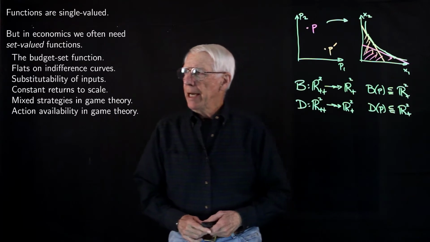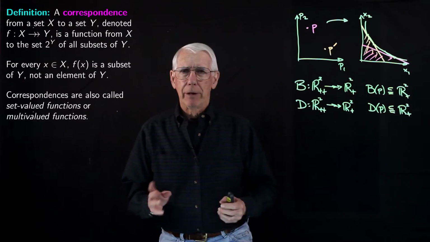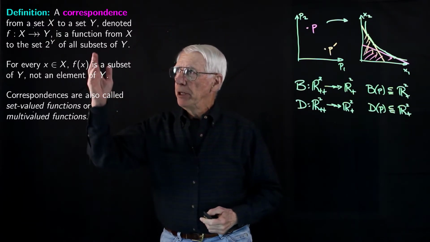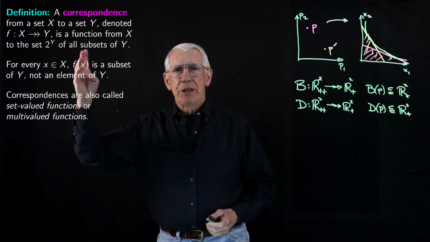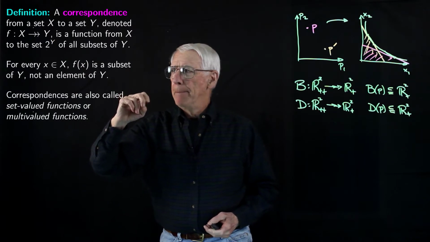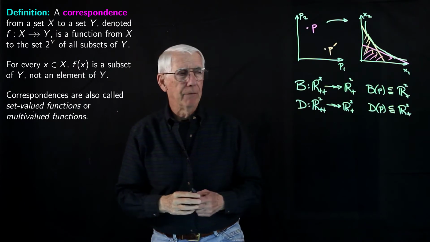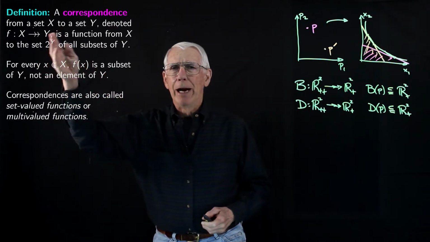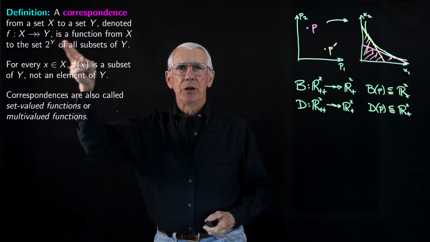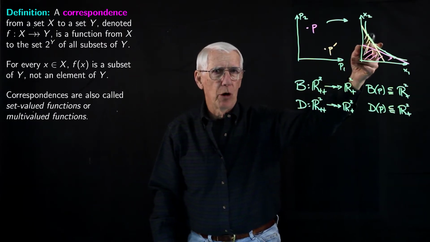So now let's take what we've done so far and write down a formal definition of what we mean by a set-valued function. Set-valued functions are typically called correspondences. The definition of a correspondence is really just writing down what we've already said in words: a correspondence from one set X to another set Y, where this would have been playing the role of x here, and this would have been playing the role of y.